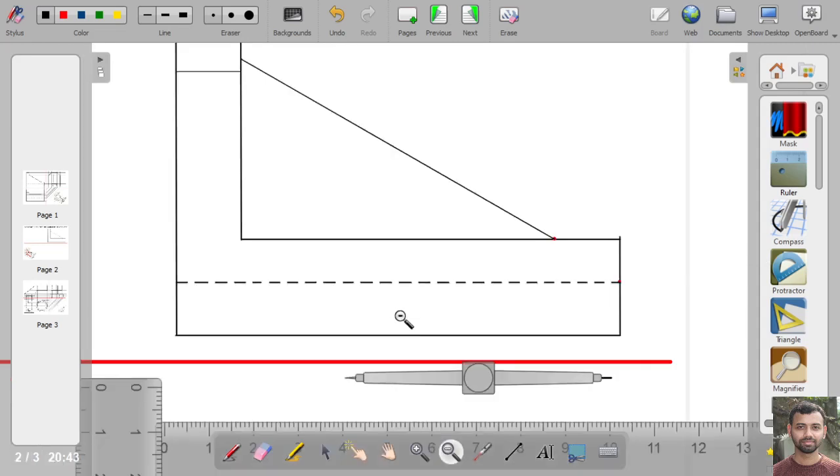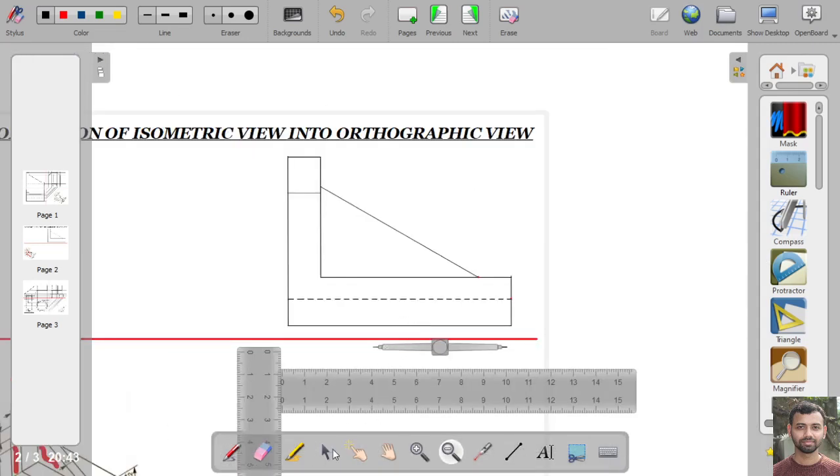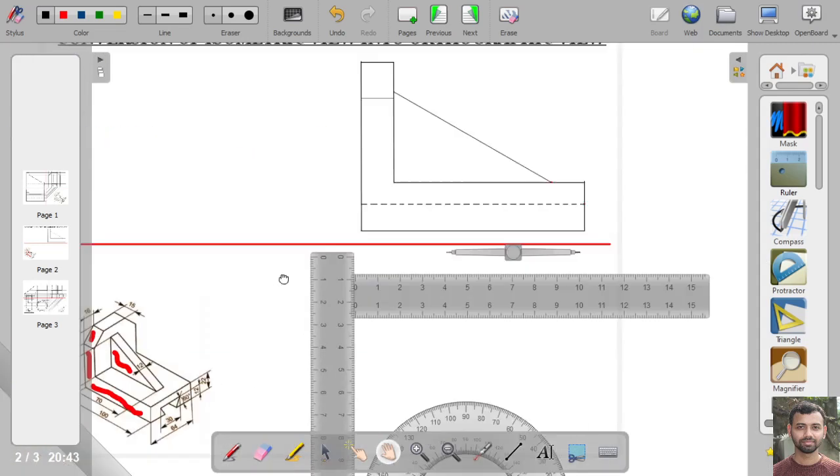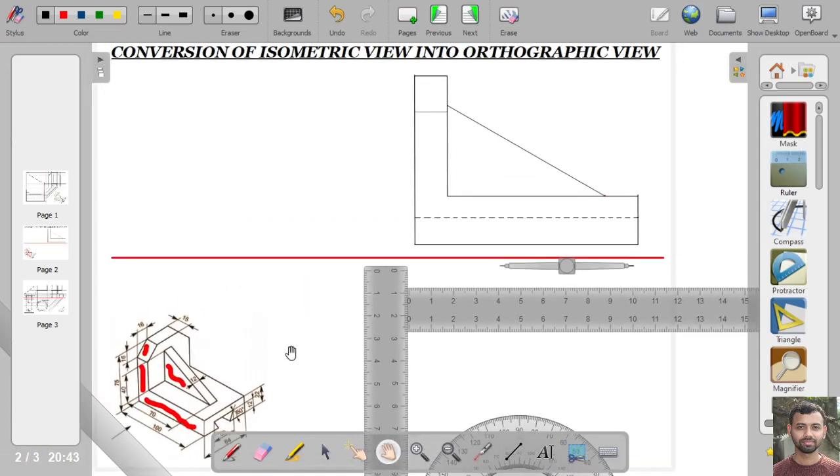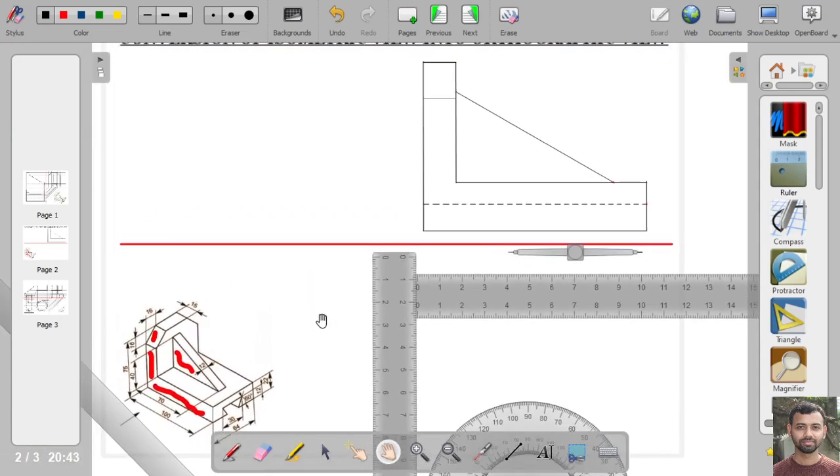So this is the front view of this object. So the front view is ready.